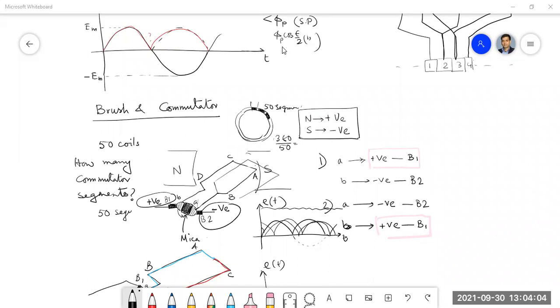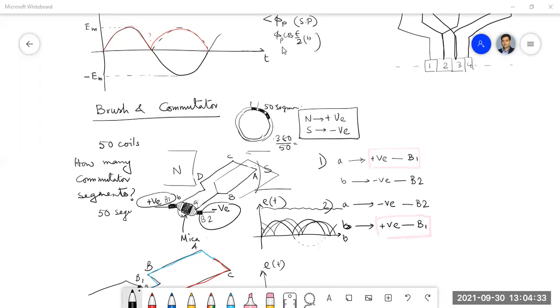In between I missed something. I have asked what is the contribution of, or is there any contribution of this type of winding, that is lap and wave, in the generated voltage of a DC machine?